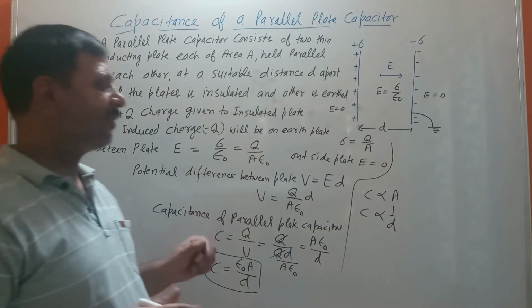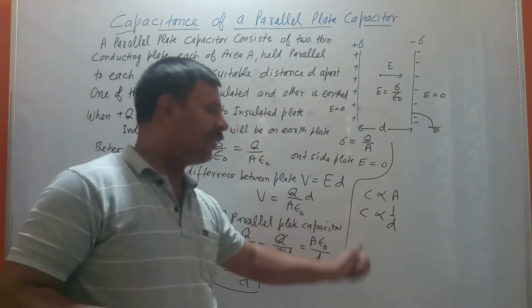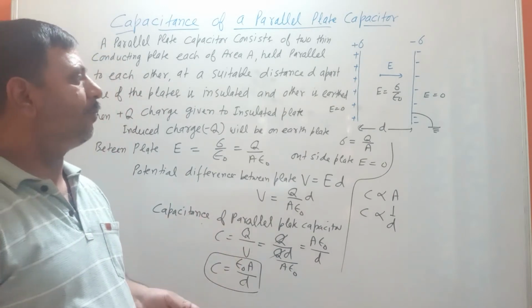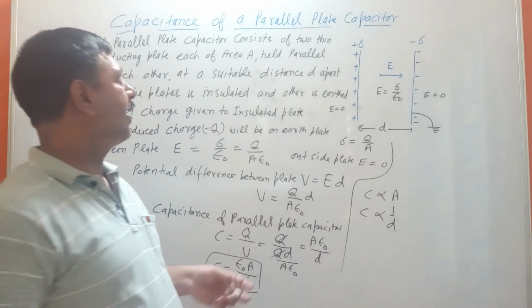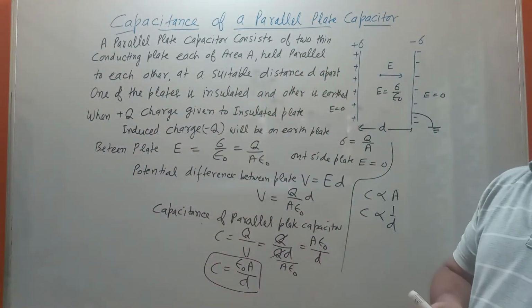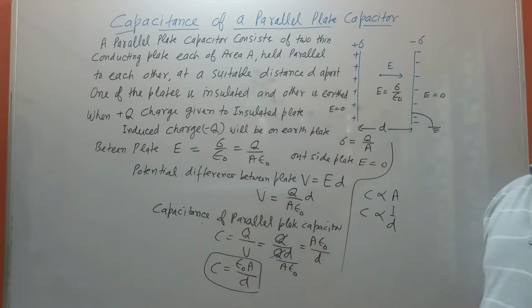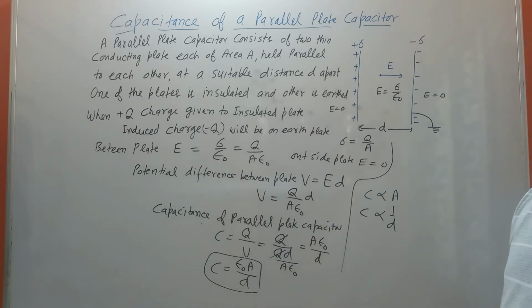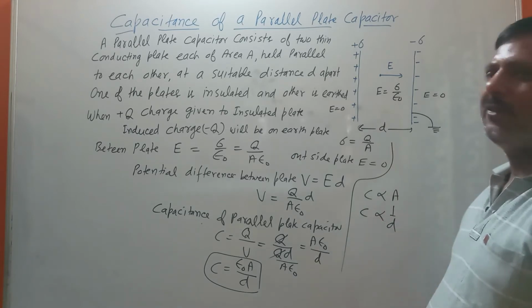So capacitance can be increased by increasing the area and by decreasing the distance between the plates. This is the formula for the capacitance of a parallel plate capacitor when there is no dielectric medium, just air or vacuum.